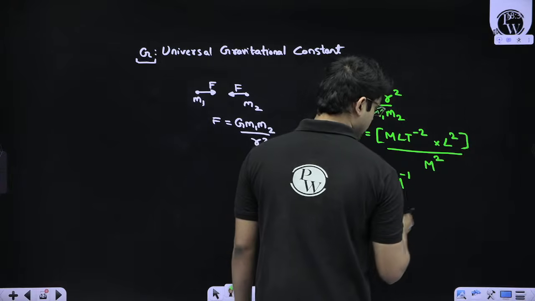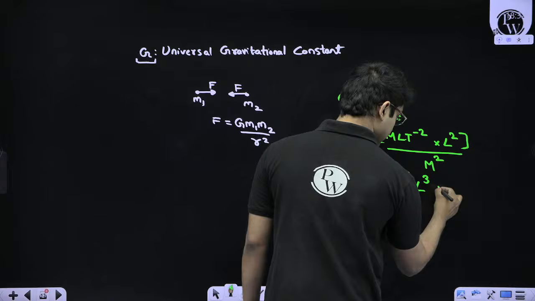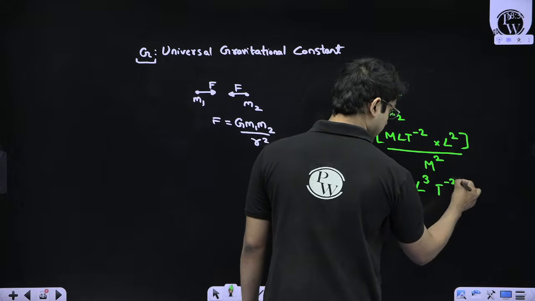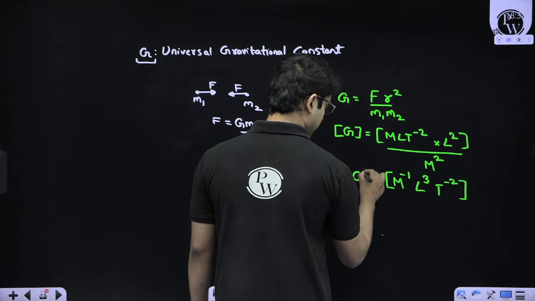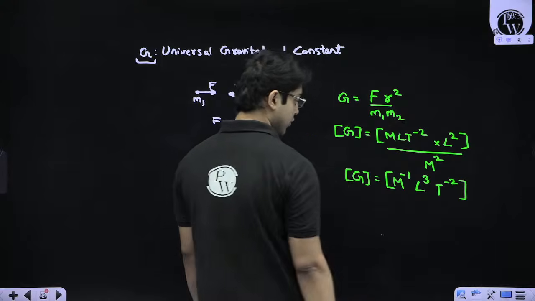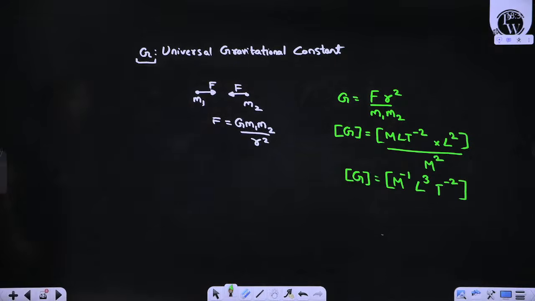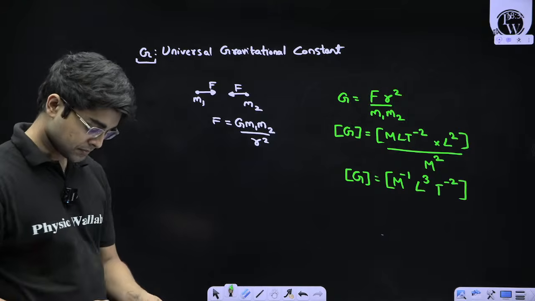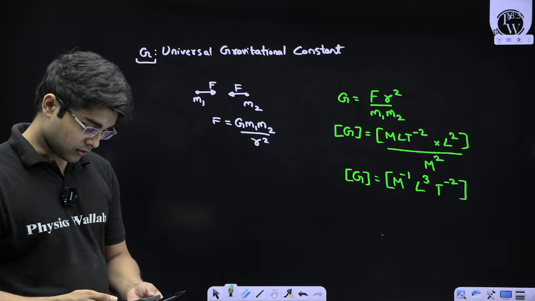L square into L makes it L cube, and t's power is t raised to minus 2. M raised to minus 1, L cube, t raised to minus 2. This is the dimensional formula of the universal gravitational constant G. You can remember it also if you want. This is quite important.